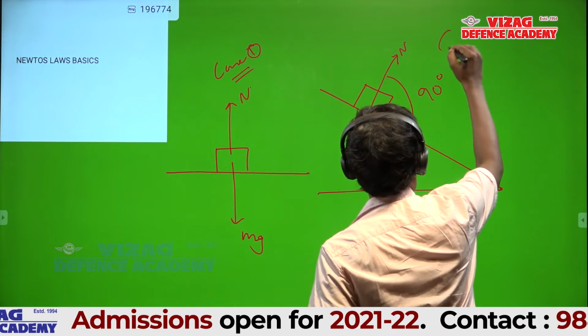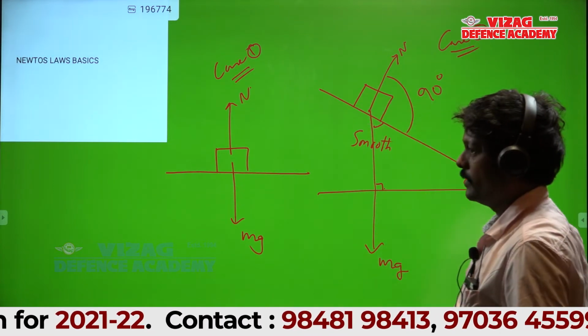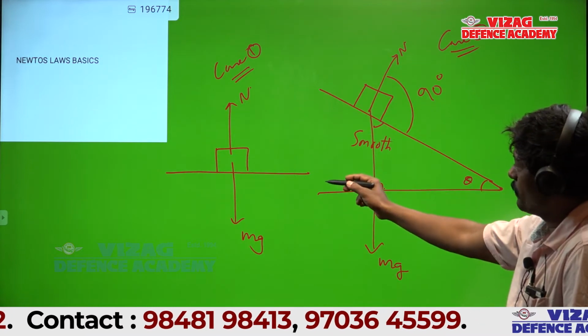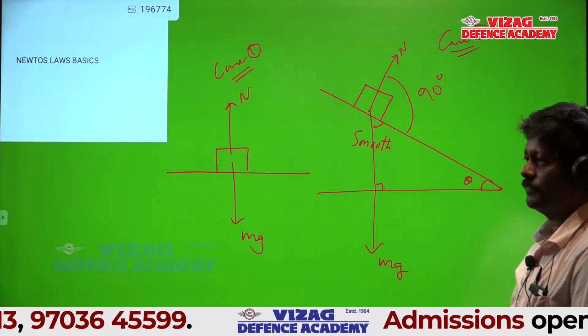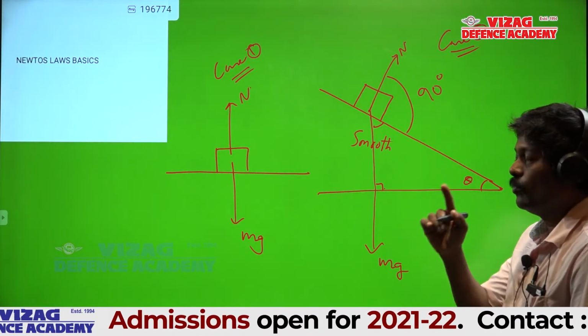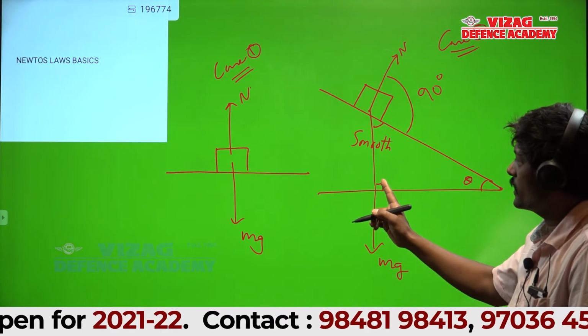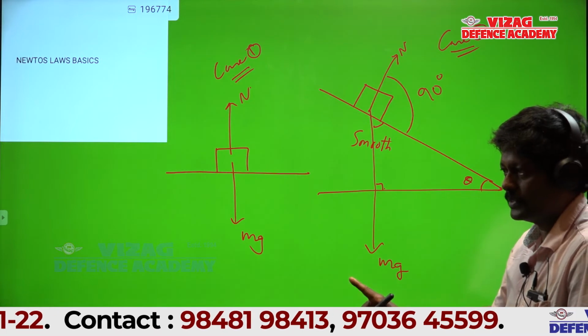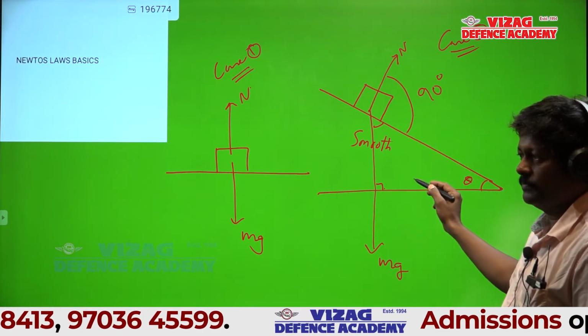This is case 2. In case 1, normal reaction is perpendicular to surface. mg is also perpendicular to surface. Both are perpendicular. But the point you have to keep in mind is normal reaction is always perpendicular to surface. mg need not be perpendicular to surface.